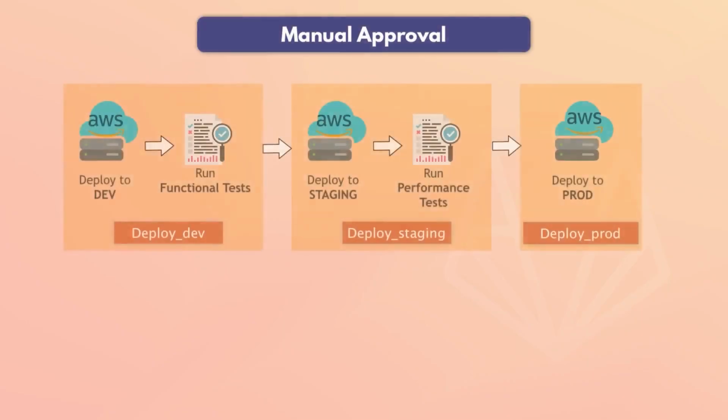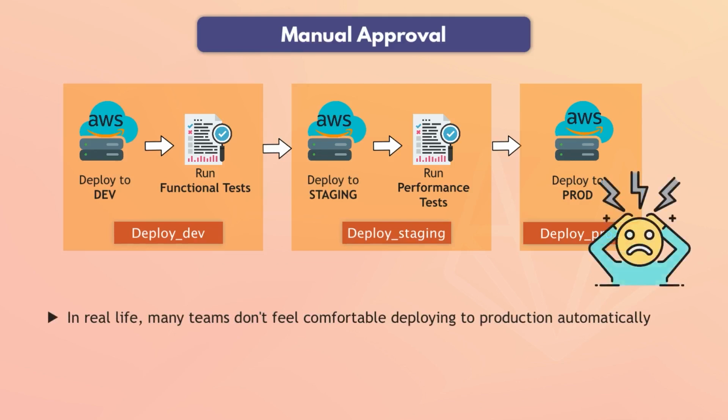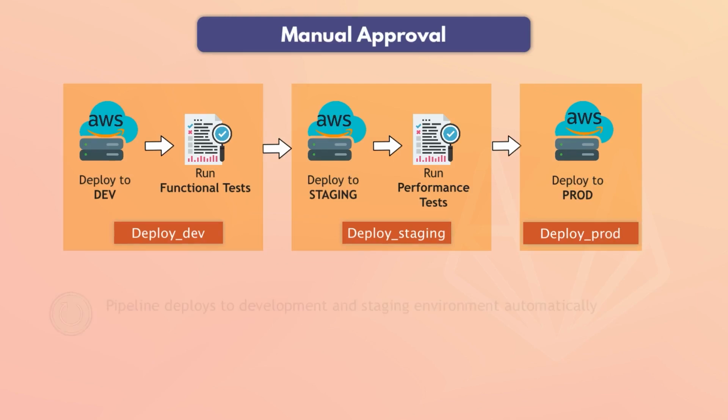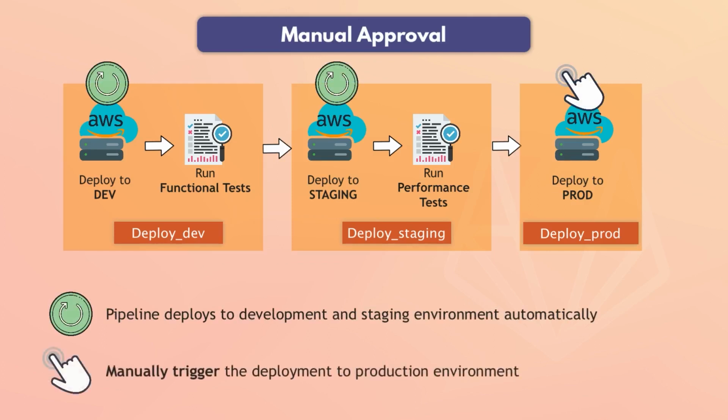Now there's one thing we want to add to production deployment that we don't have on the other 2 deployment jobs. Usually in real life projects, even after extensive testing, many teams do not feel comfortable deploying to the production automatically without any manual human review before the deployment. So usually the pipeline will go all the way to staging and run the tests, but it won't deploy to production automatically.